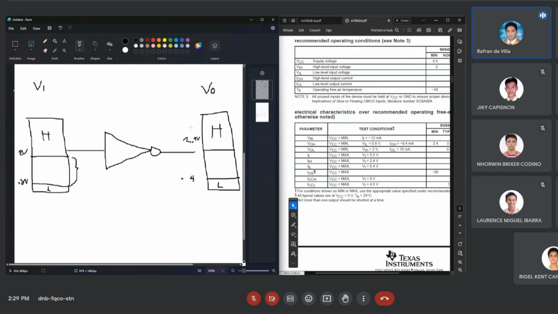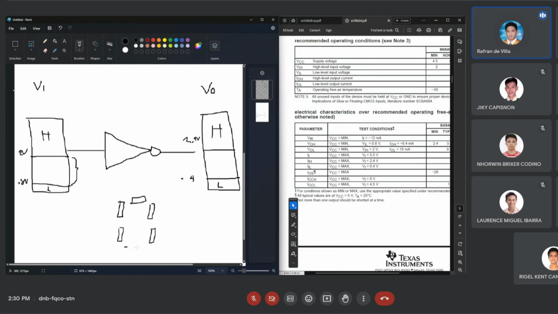Okay? So usually ma-encounter ni ninyo if let's say for example, I will be asking you to design a so-called 7-segment decoder. Okay? Familiar ba mo ng 7-segment decoder? So are you familiar with 7-segment display, kanang gamiton para sa scoreboard?